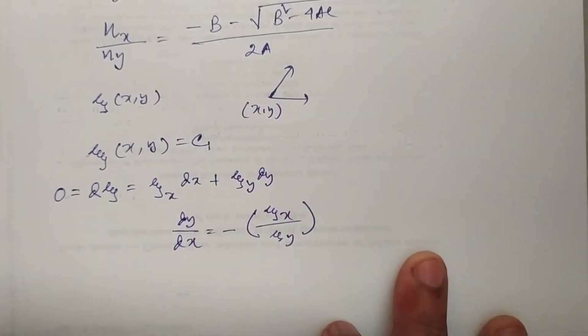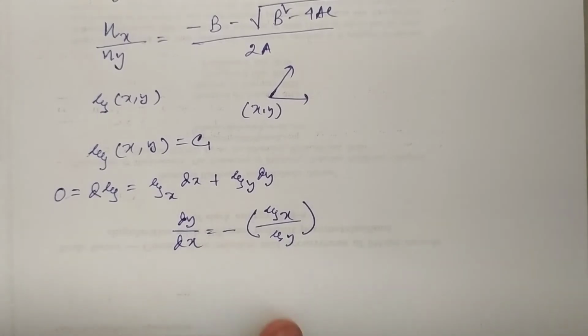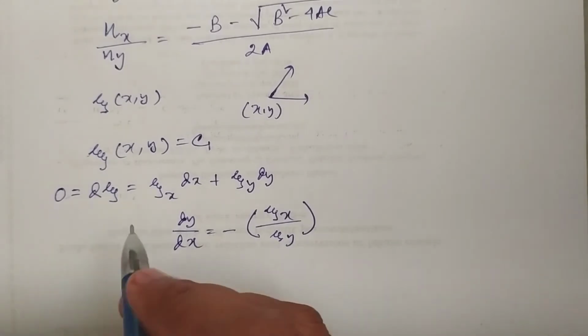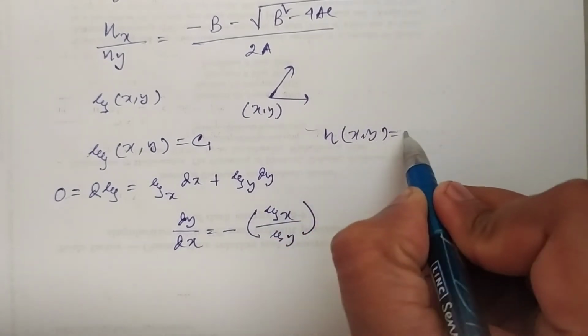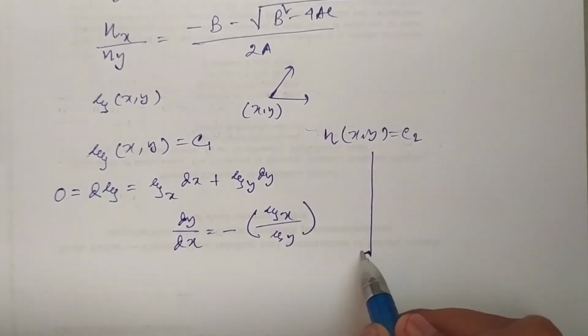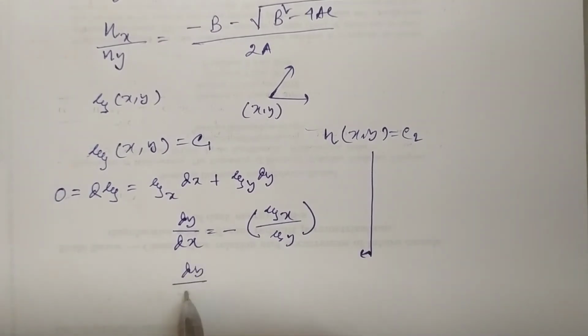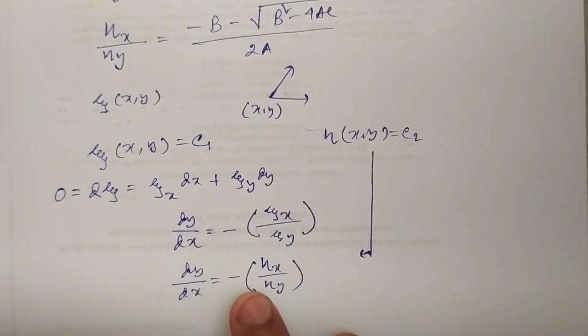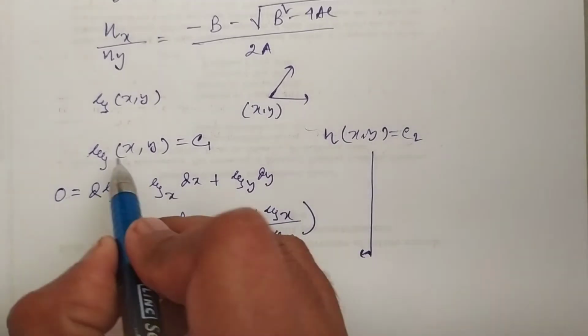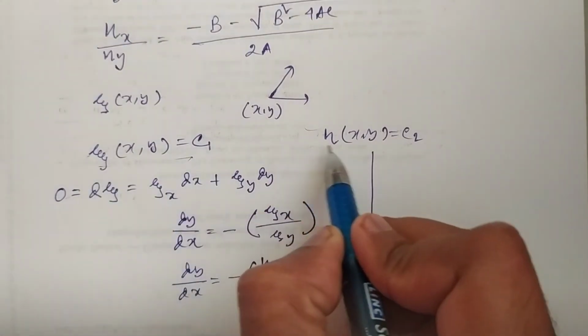This is actually some slope. Similarly, taking eta(x,y) equal to c2 immediately brings you to the slope eta_x over eta_y. Now if we integrate these two equations, we obtain the equations of the family of characteristics. Number 1 is given as this, and number 2 is given as this.